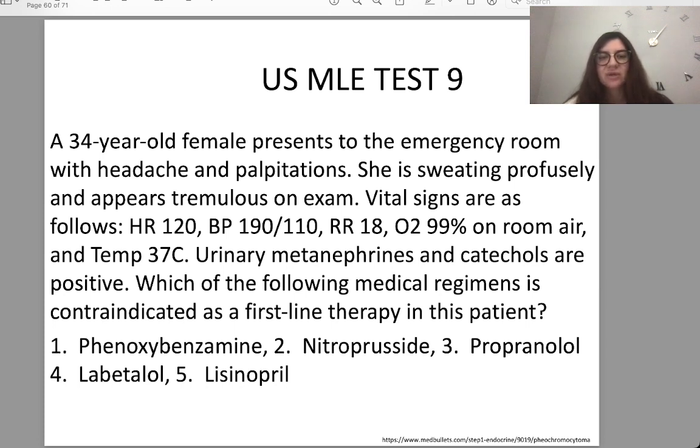Urinary metanephrines and catecholamines are positive. Which of the following medical regimens is contraindicated as a first-line therapy in these patients? First, phenoxybenzamine. Second, nitroprusside. Third, propranolol. Fourth, labetalol. Fifth, lisinopril.